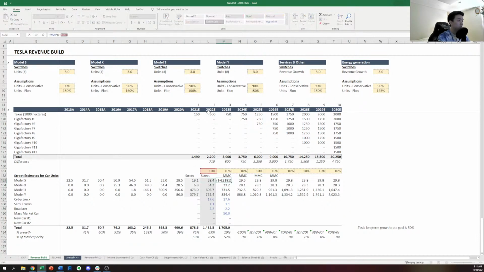Okay, I need to fix this formula. Oh man, I gotta do it for each one.